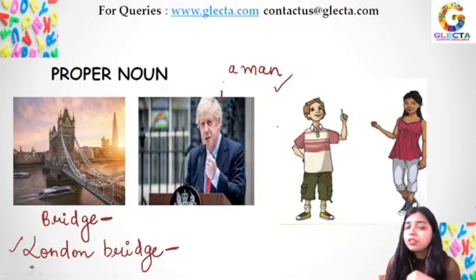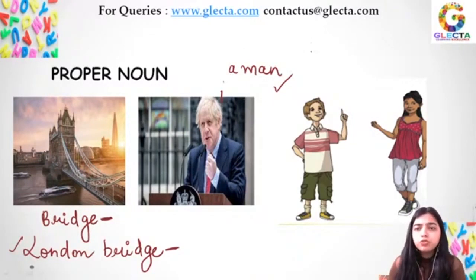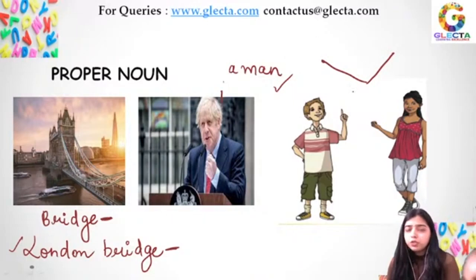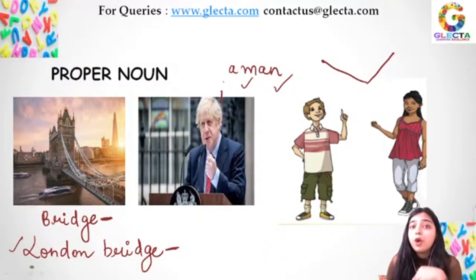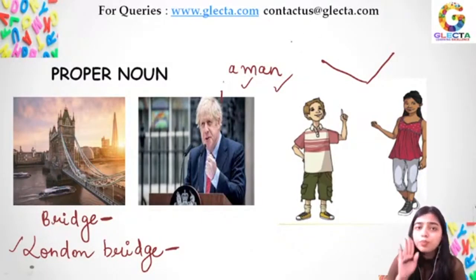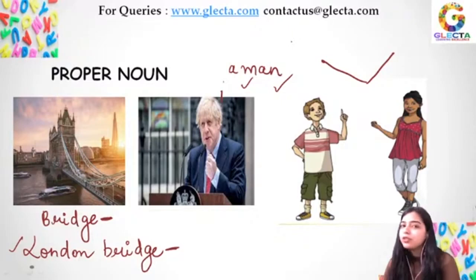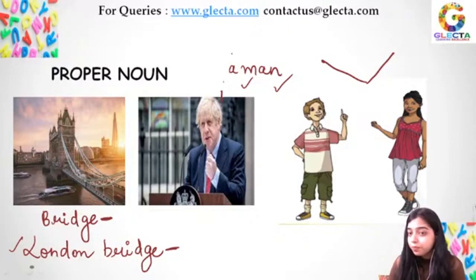Let us come to the third image of this activity which we are going to do together. Just take a minute or two to find out how we can use this image to make different common nouns. For example, here I used a man and then I provided you with his name to make a proper noun. Here, let us take a few minutes, or you can pause the video to think before you get to know my answer.